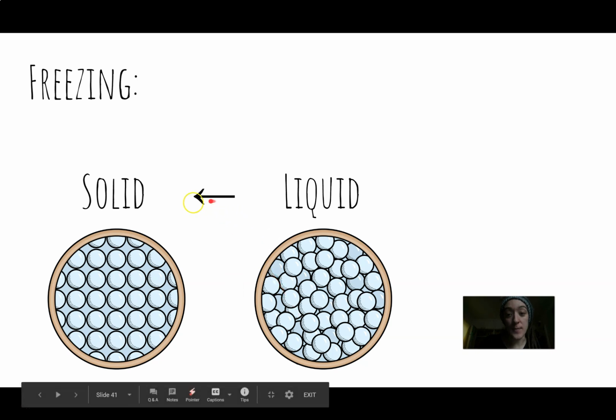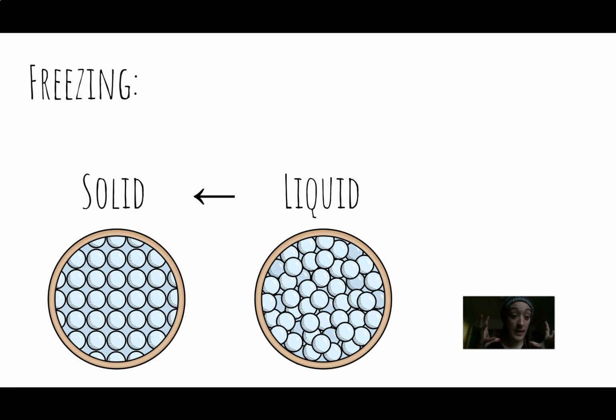And then once they freeze back into a solid, they get so close together and so tight, or in the case of ice, they turn into that crystal structure so that they're not really moving very much, right? They're kind of stuck in place. So that's freezing, when liquid loses enough energy that all of those molecules can just slow down and basically crystallize and harden into place.